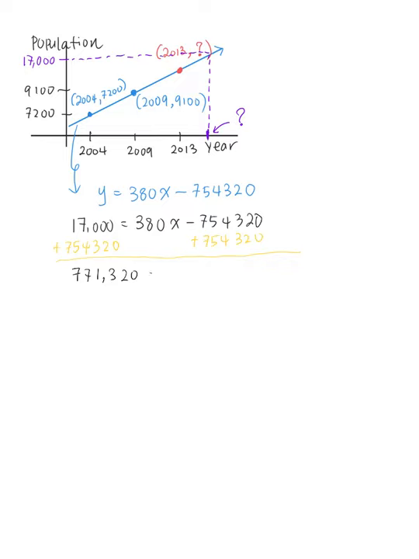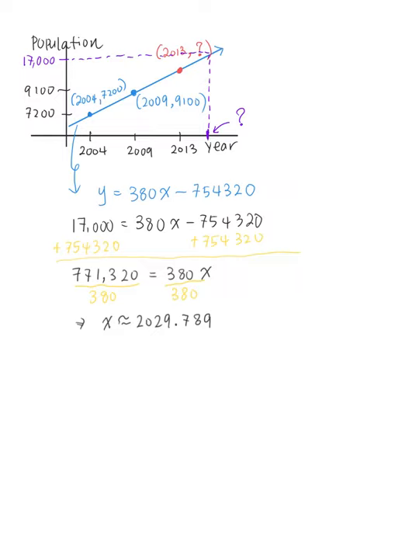That's a big number. Equals 380x. Now dividing by 380 on both sides, what do we get? That implies that our x is approximately 2029.789-ish. That's what I got on my calculator.